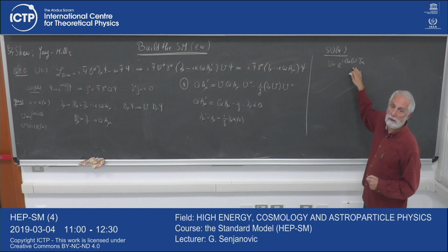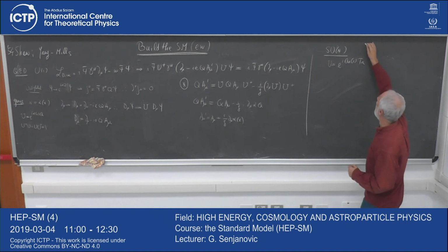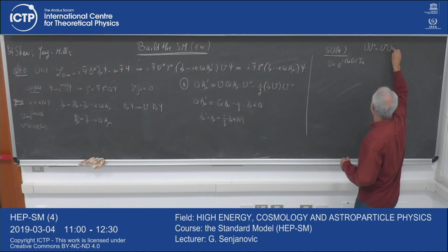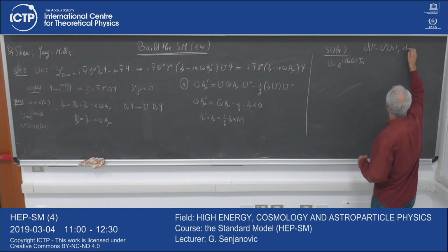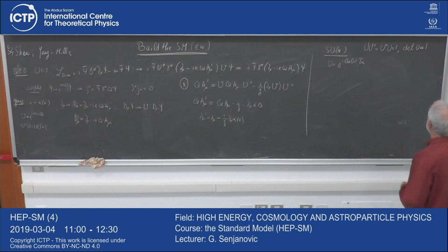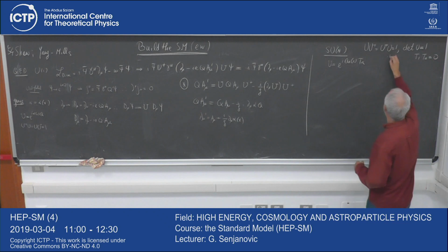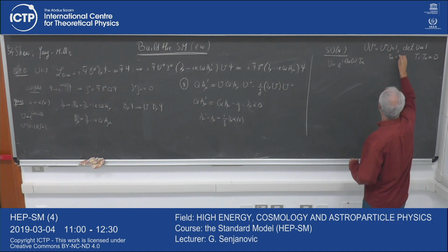And the Hermitian you expand in the basis of Hermitian matrices. So I am asking that U dagger U is 1, and the determinant of U is 1. And this in particular means that trace T A is 0. This means that T A is T A dagger.